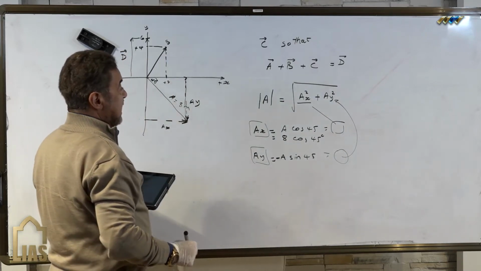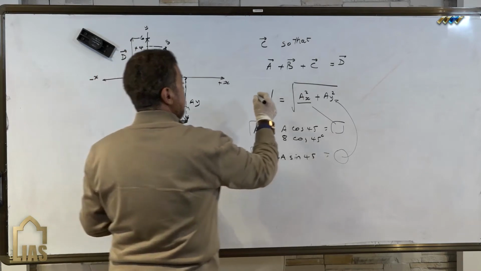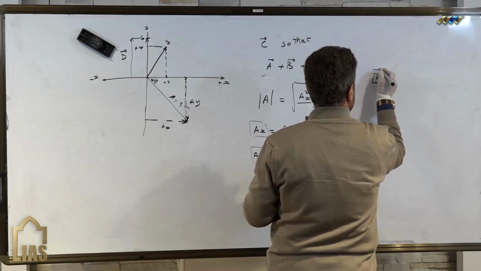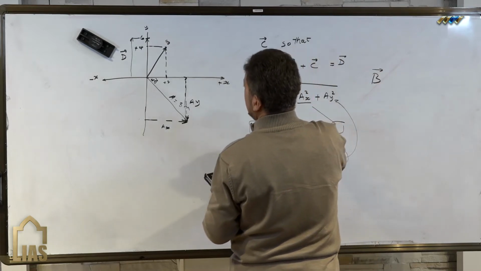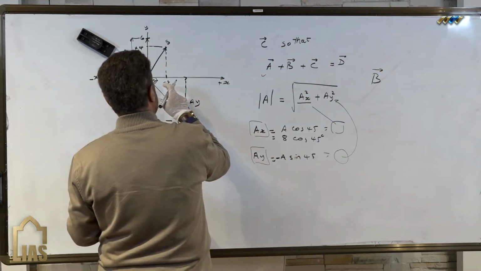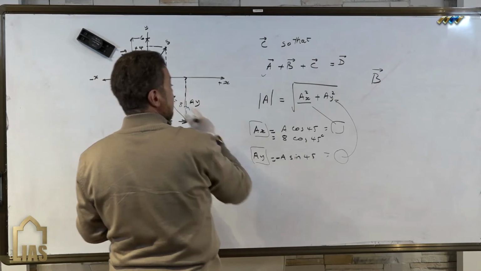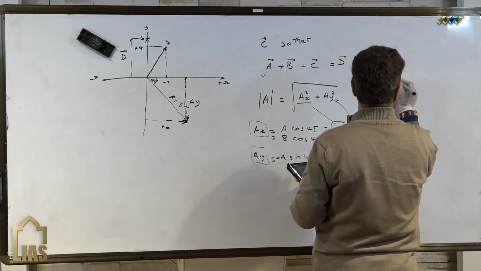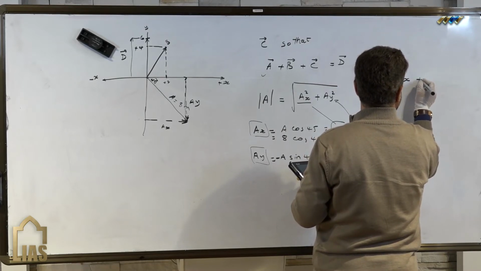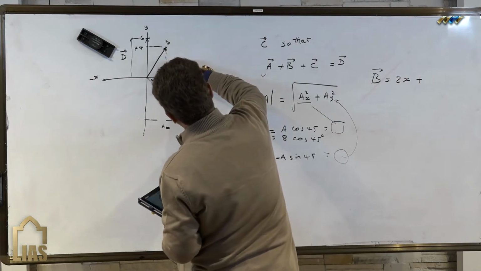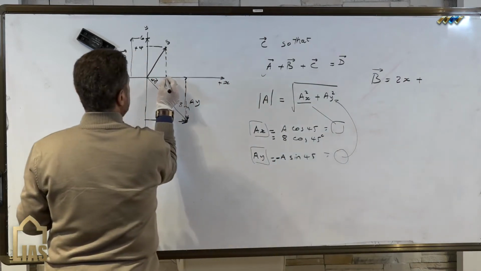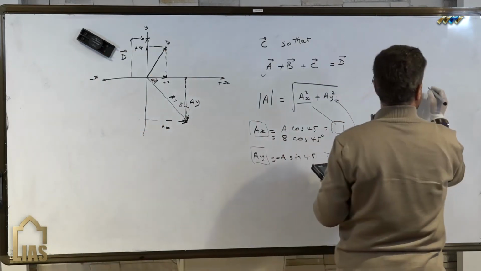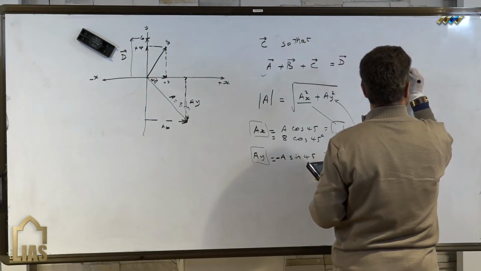Okay. And B, now we have A. Okay? B, vector B has 2 in X plus 4 in Y. This is Bx.